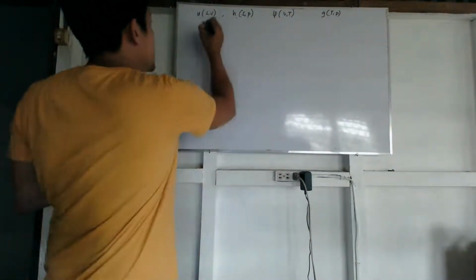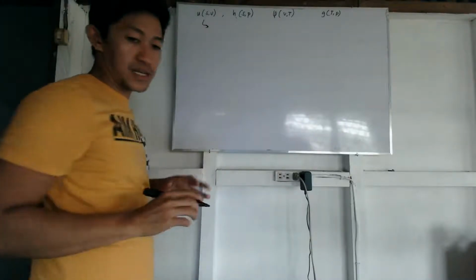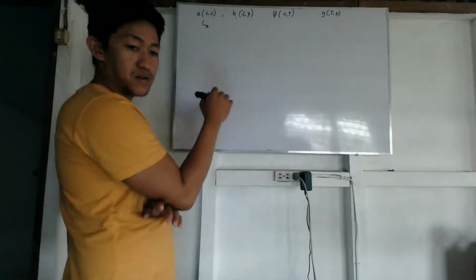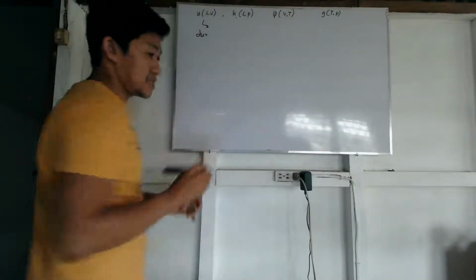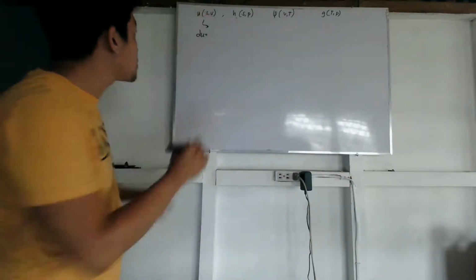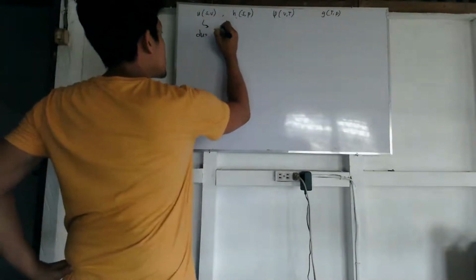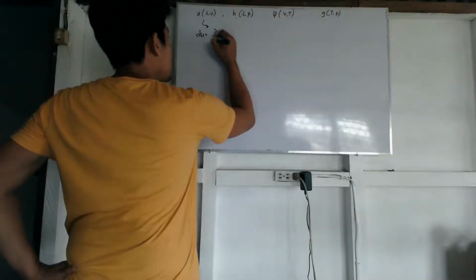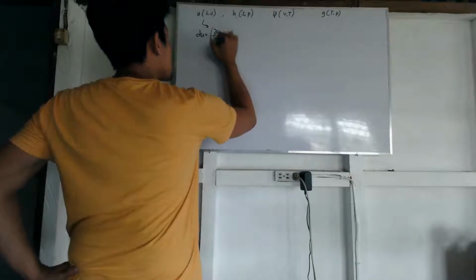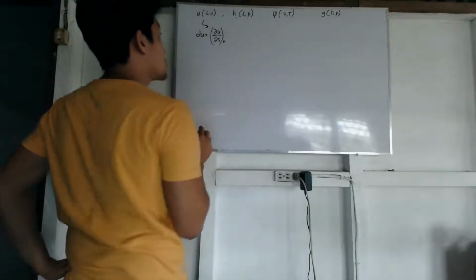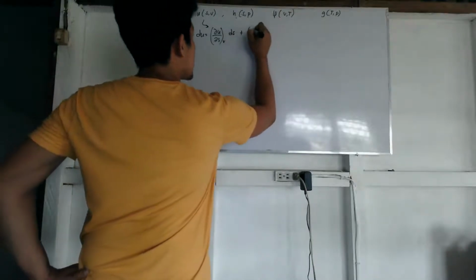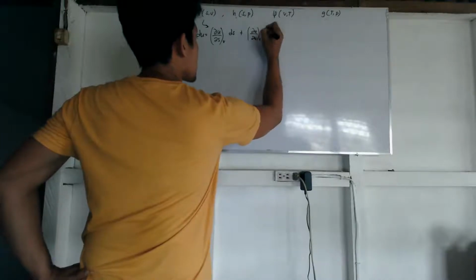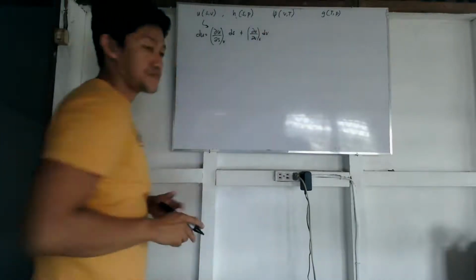For this internal energy, the exact differential of the internal energy, if this is a function of entropy and volume, it's just partial of u with respect to s, take volume as constant, ds plus partial of u with respect to v, constant entropy, dv.